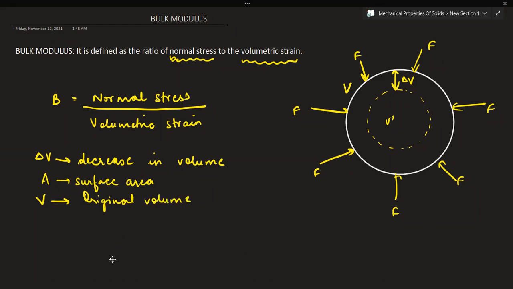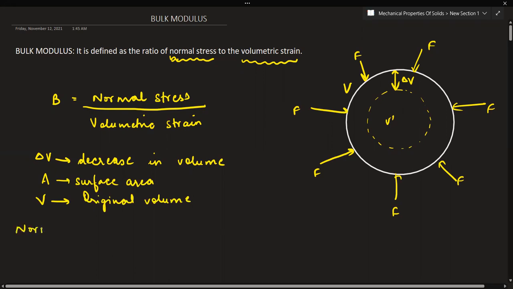Now see, normal stress, if you remember, was the perpendicular force that has been applied, divided by the area.